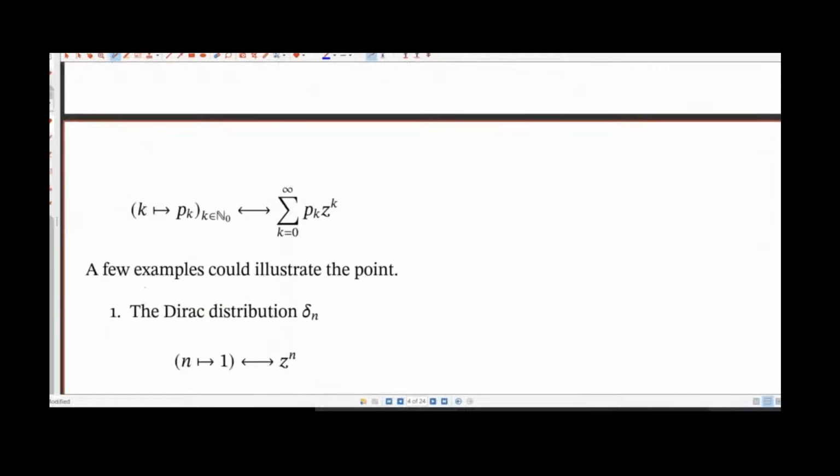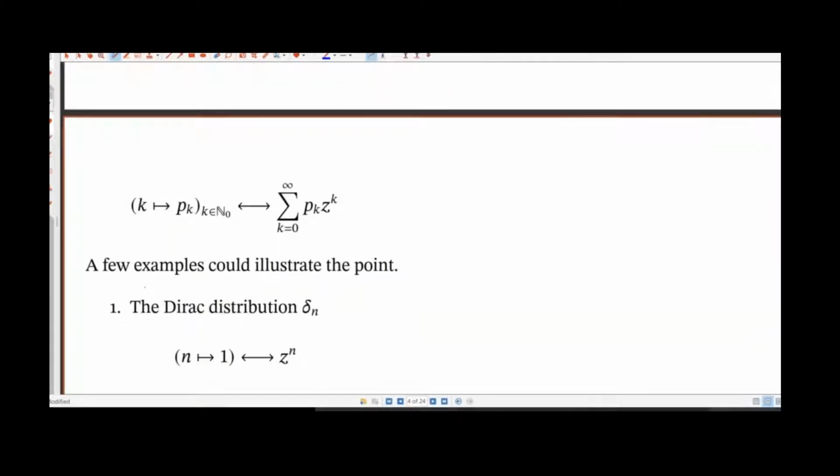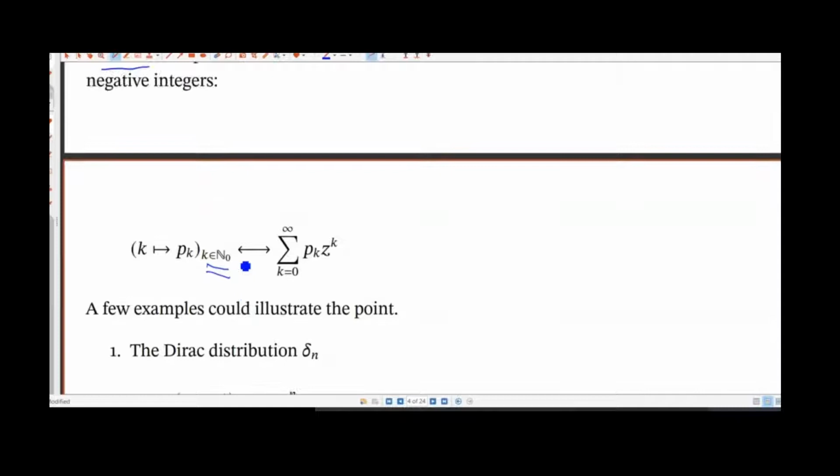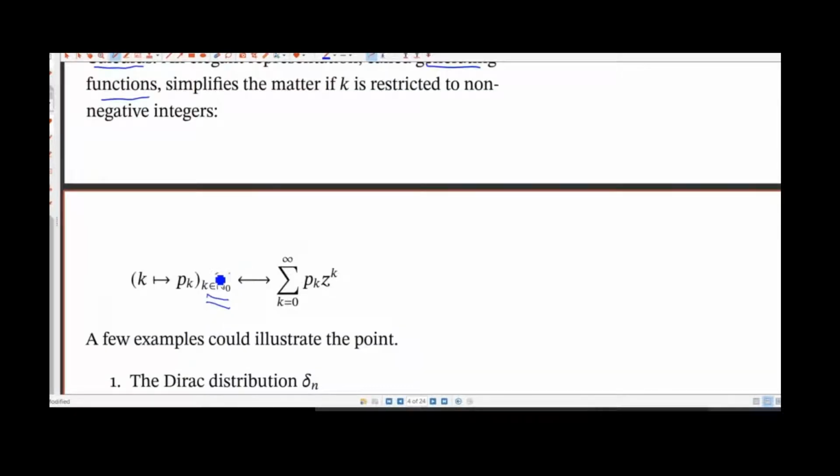If I pick one of that representation where a value k is mapped to the probability associated with that k, and k can belong to some set. The only problem with this generating function is that you have to assume all the natural numbers, including 0. Yeah, so 0, 1, 2, and so on.